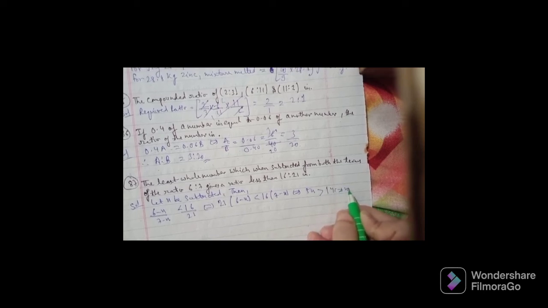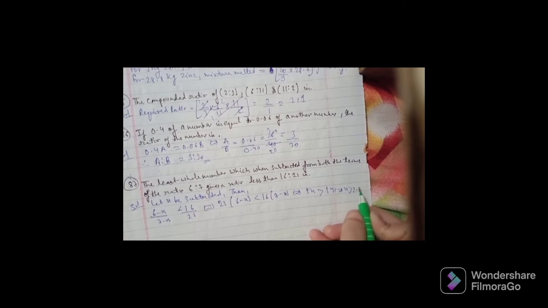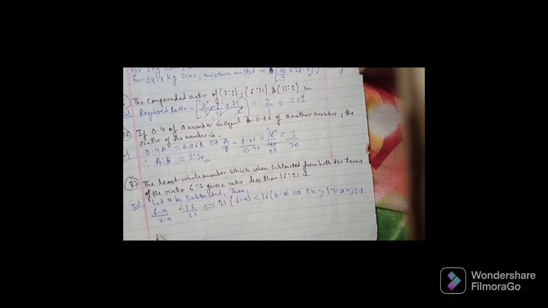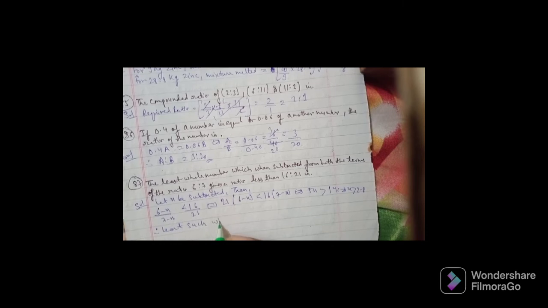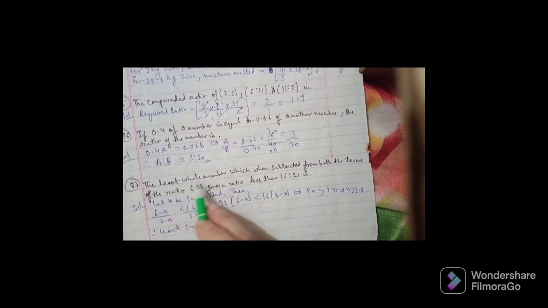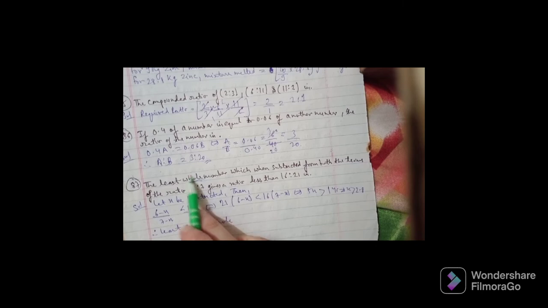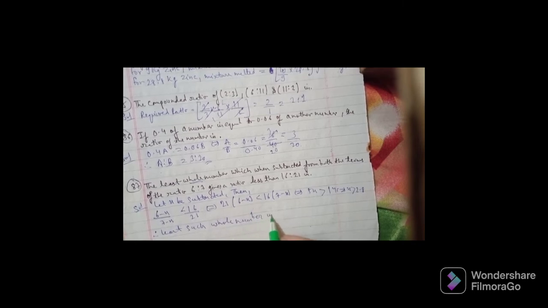So x should be greater than 2.8. So whatever is greater than 2.8 will be the least such whole number. If they hadn't asked for a whole number, we could directly say x should be greater than 2.8, but they are talking about the whole number. So greater than 2.8, the next whole number is 3.